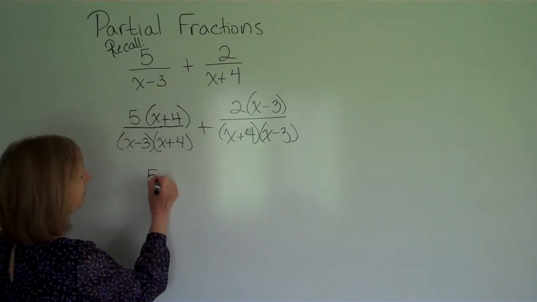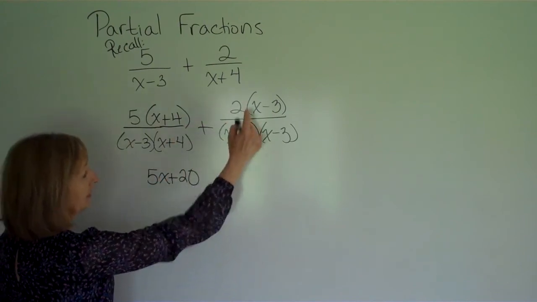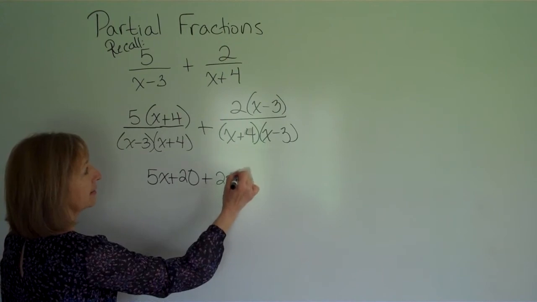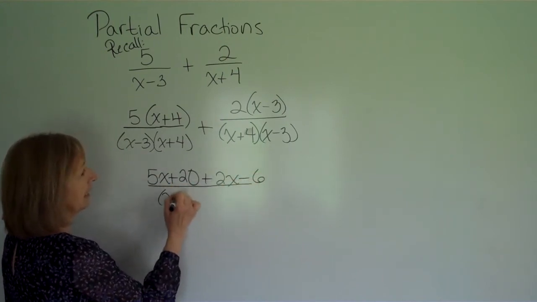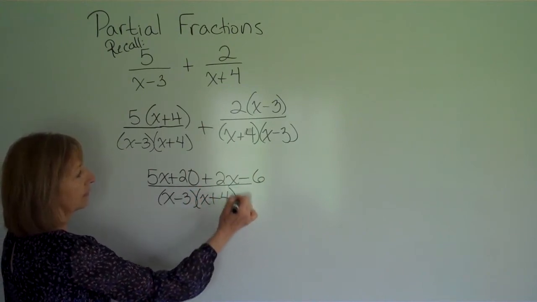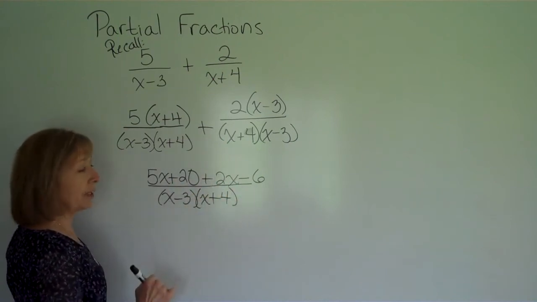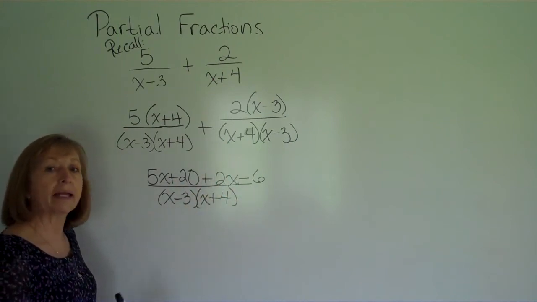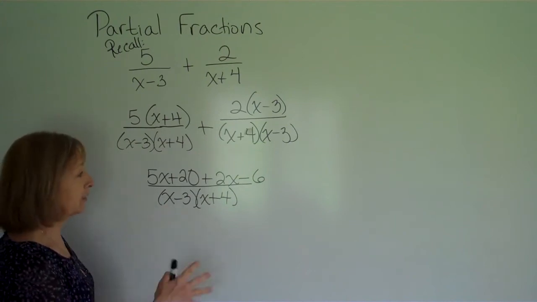So this is going to be 5x plus 20 and then plus 2x minus 6, and that's all over the x minus 3 times the x plus 4. So then when I combine my like terms in the numerator, remember we look at like terms by the variable expressions to the same power would be like terms.